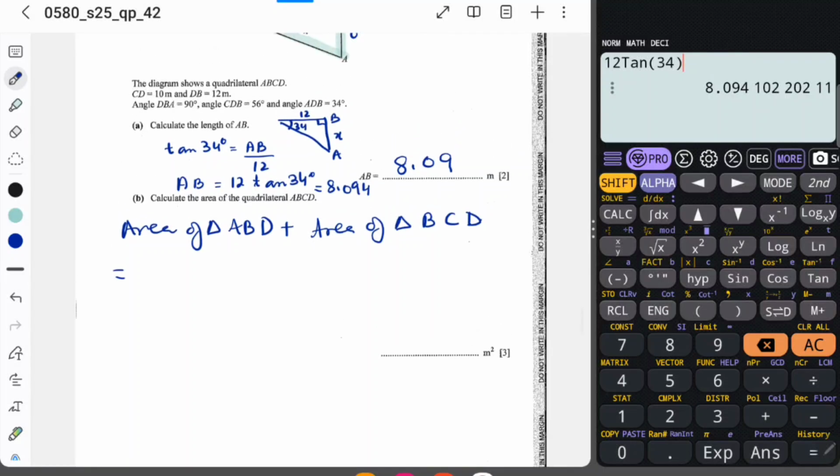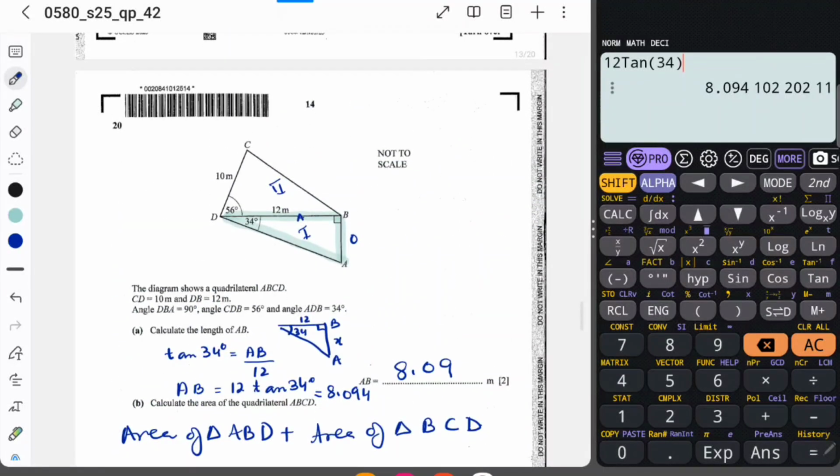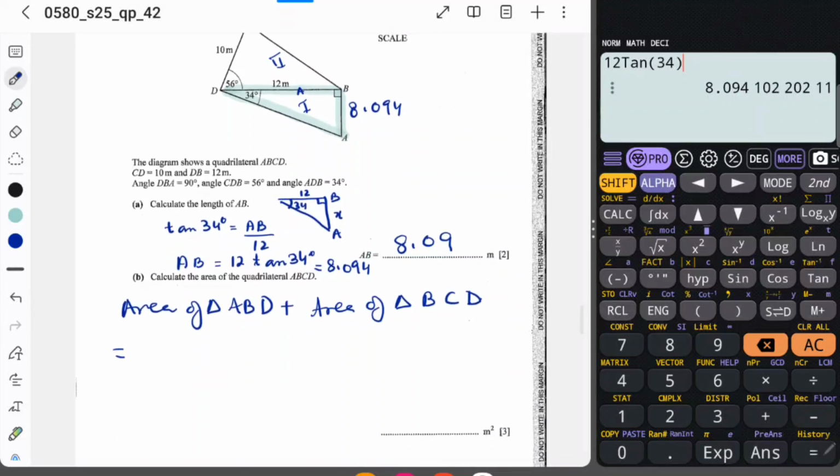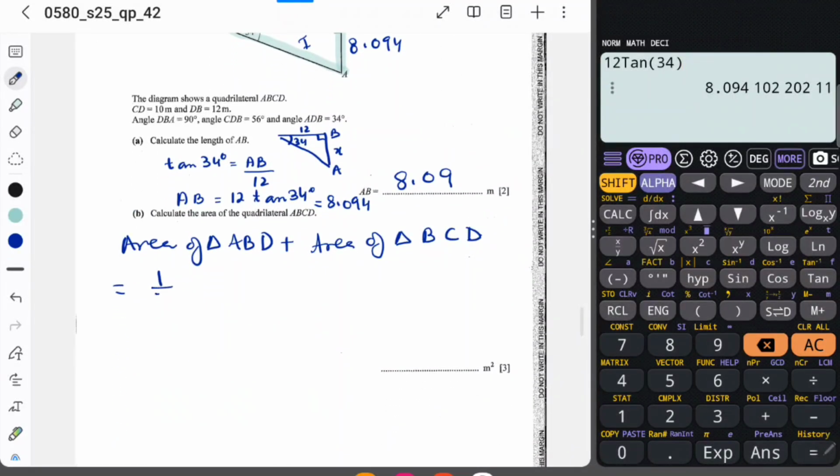The first, ABD, is half base into height. That is half times 8.094 times 12, since this is the base and height. It's a right angle triangle.